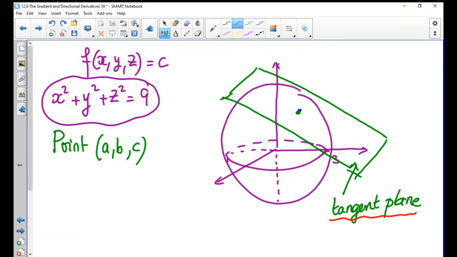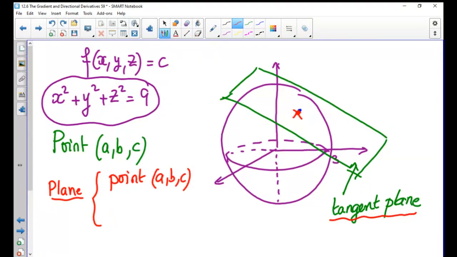Do you remember what you need to have to write the equation of a plane in general? If you want to write the equation of a plane, what do you need? Yes, you need the point, which we have, which is a, b, c.